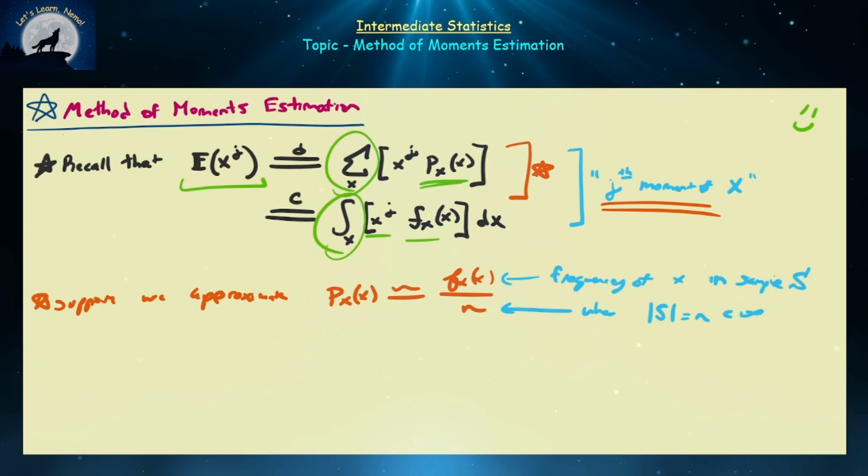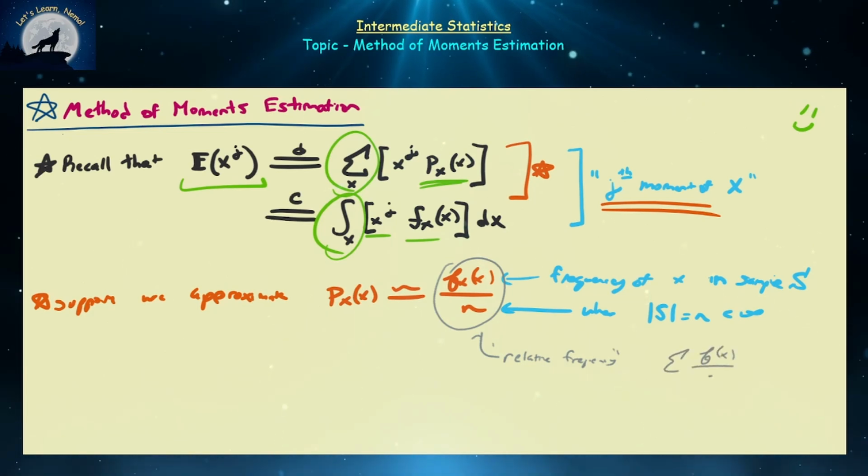A couple other things that you might remember about this representation. The frequency divided by n is sometimes called the relative frequency, and has the property that the sum of the frequency divided by m is equal to 1.